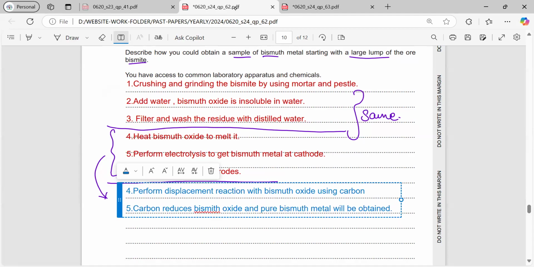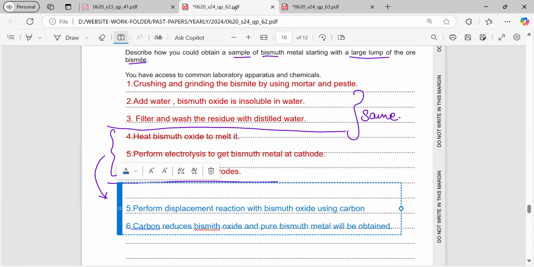We can do this one. And we can also heat the bismuth oxide first to melt it. This will be our point number 5. This is point number 6. And before that, we can write point number 4 is that heat bismuth oxide to melt it as we did in electrolysis.